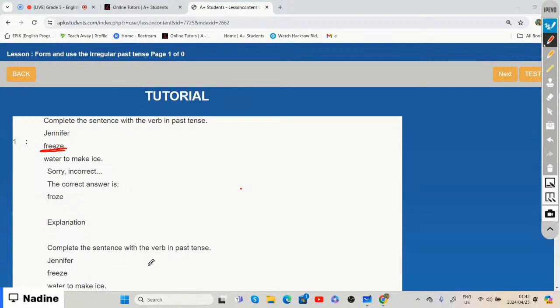So it says Jennifer freeze water to make ice, right? And the past tense of freeze, we can say Jennifer froze water to make ice.